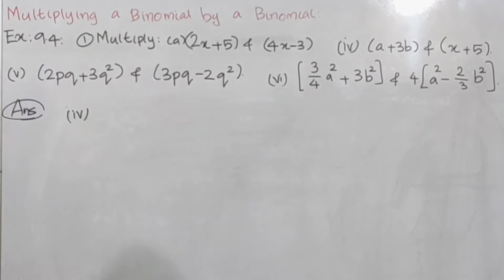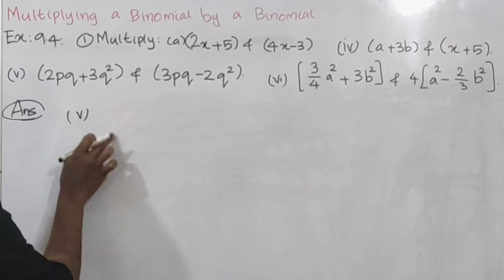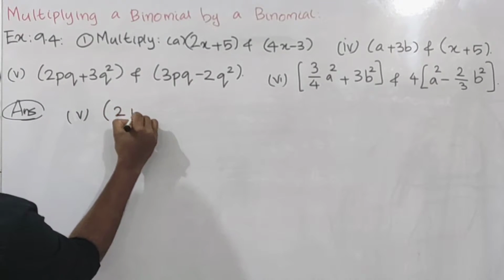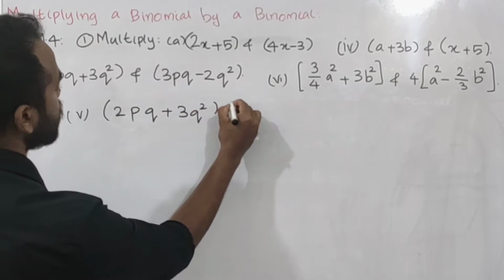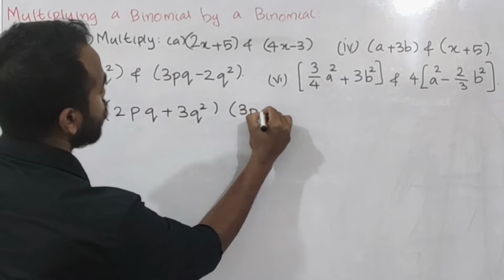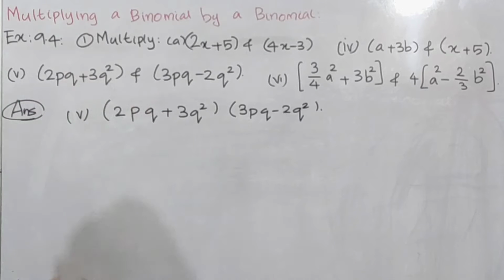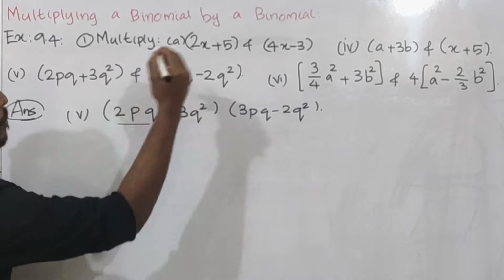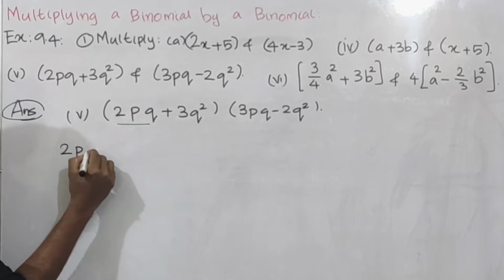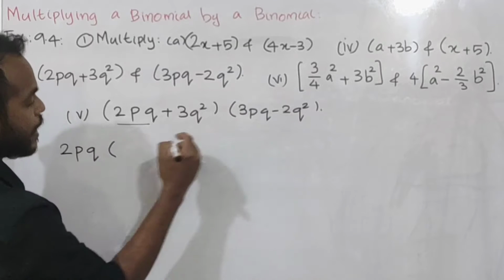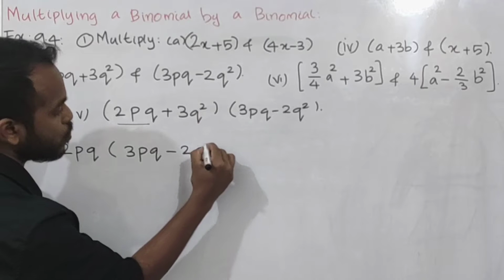Then we'll go for the fifth one. It seems to be a bit complicated, but it's nothing. It's a simple question. The question is multiply 2p cube plus 3q square and 3pq minus 2q square. The method that we have just adopted: take the first element of the first bracket and multiply it completely using the second bracket. So we'll write the first element of the first bracket into the second bracket, 3pq minus 2q square.